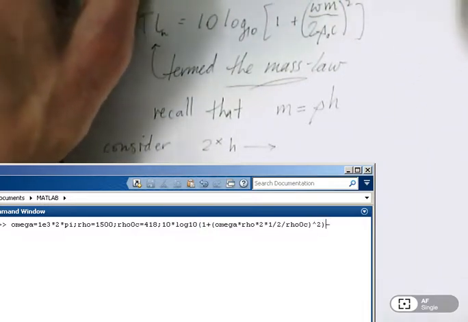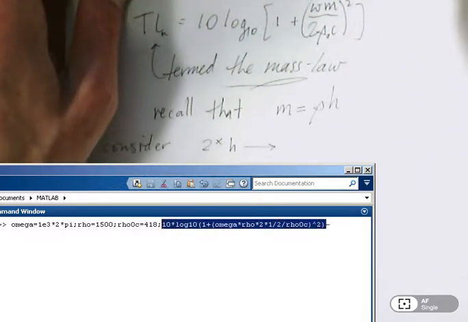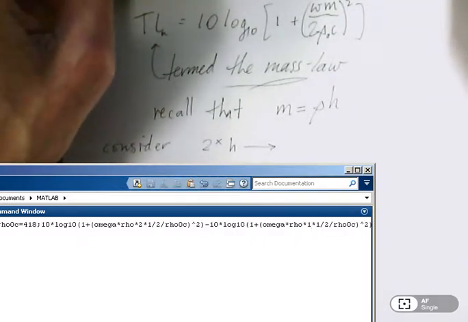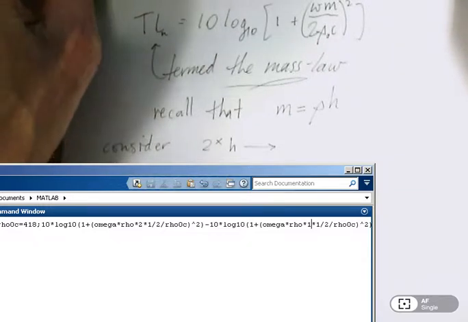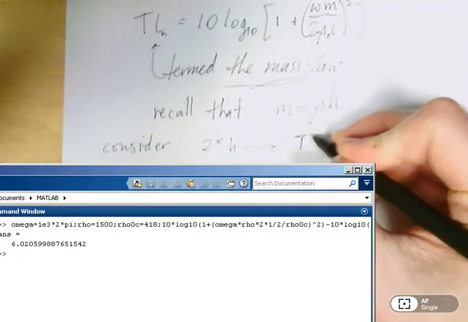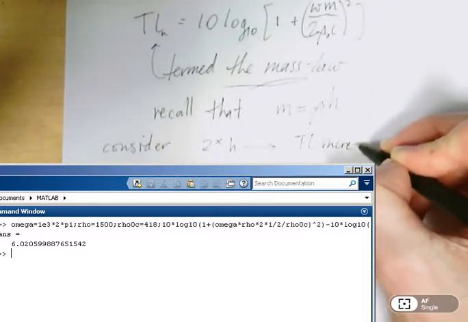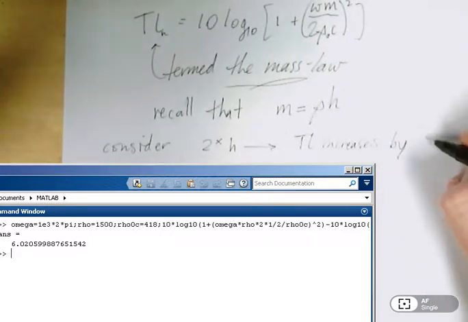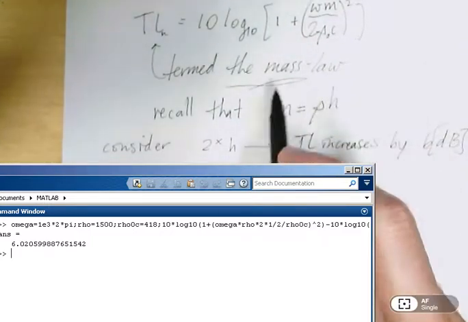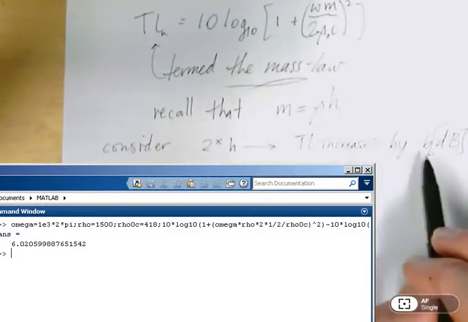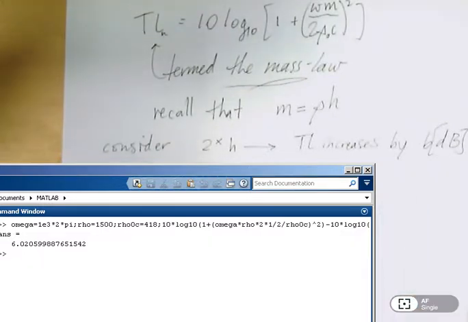And let's subtract that from the original, where we don't double and make that instead just 1. And so our change in the transmission loss is found to increase by 6 decibels. So doubling the thickness of the panel in the mass-controlled region, which doubles the mass, increases the transmission loss by 6 decibels.